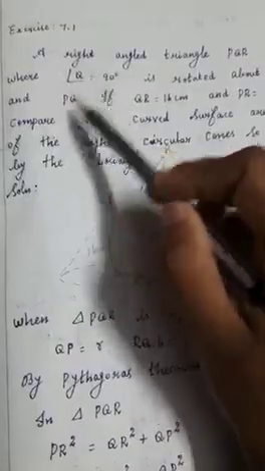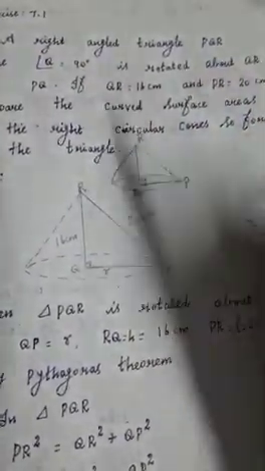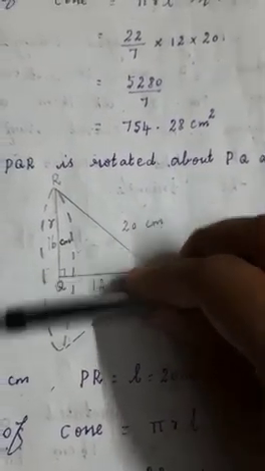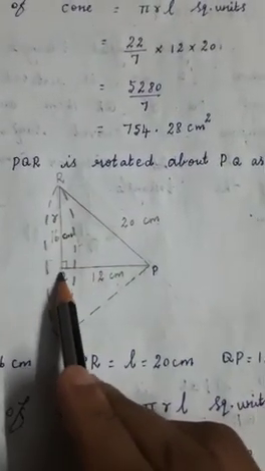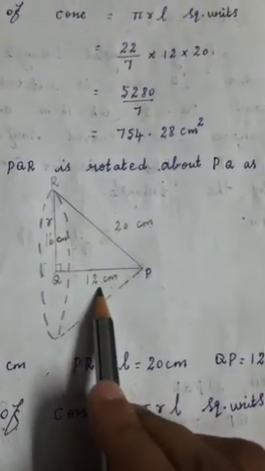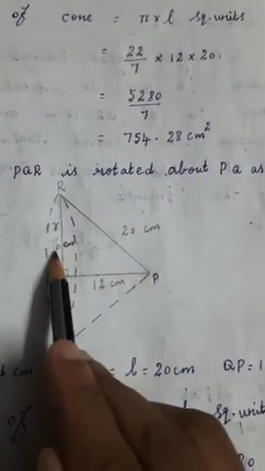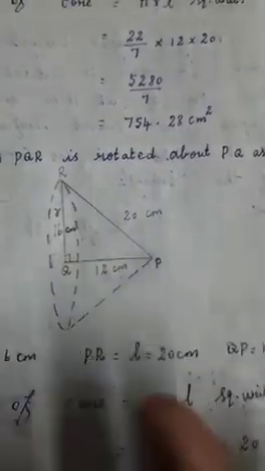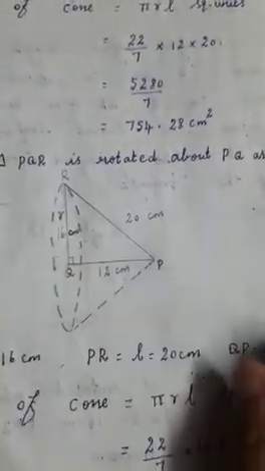The next one, PQ as axis we are going to rotate the right angle triangle. So another cone will form. Now this side PQ as axis we are rotating, then the cone shape will form like this. So now see here the values: QP is 12 centimeter, QR is 16 centimeter, PR 20 centimeter, all the values we know, but make it clear here what the radius is and what the slant height is, because the cone shape is like this.